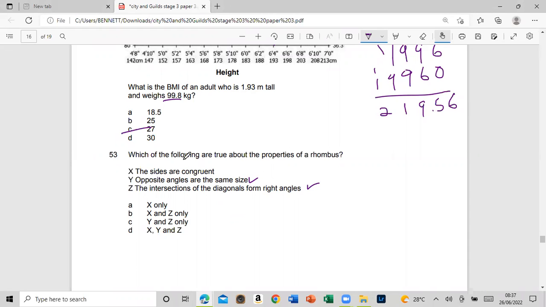Let us investigate. The sides are congruent. Let me Google to check, guys.